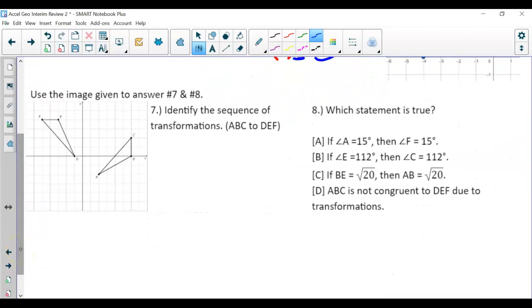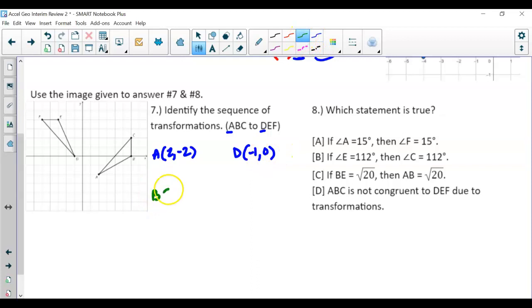So then for the 7 and 8, we're focusing on the transformation going from ABC to DEF. So A is at 2, -2, and B, because that is the corresponding, is now at -1, 0.